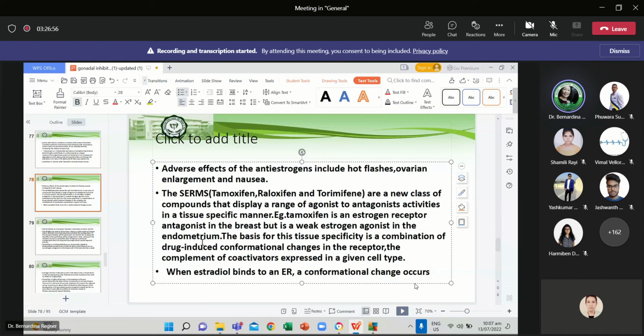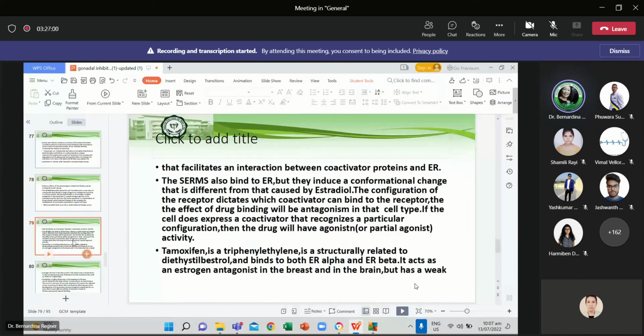Okay, so what happens when estradiol binds to your estrogen receptor? There will be an activation between your co-activator protein and your estrogen receptor. Once the drugs bind to your estrogen receptor, there will be a change that is different from that of estradiol. And this will express a co-activator that will recognize a particular configuration.